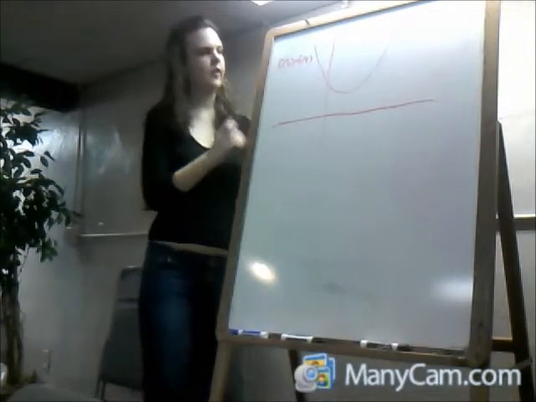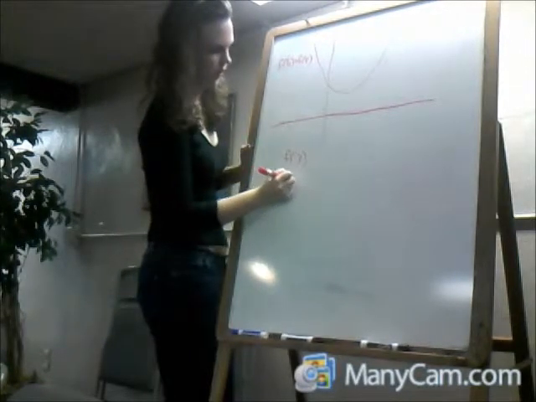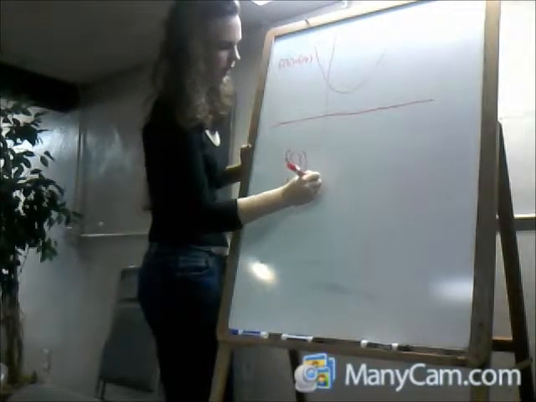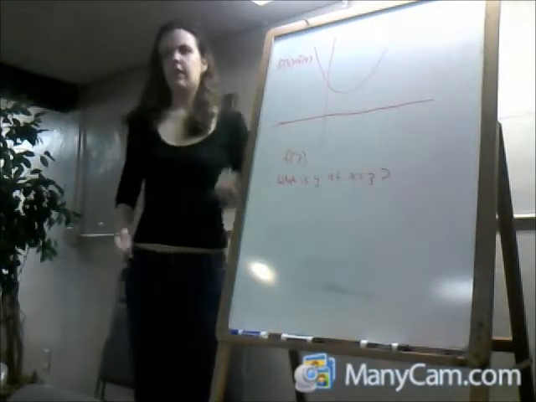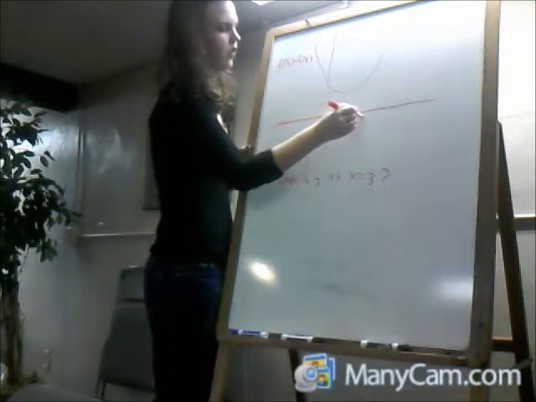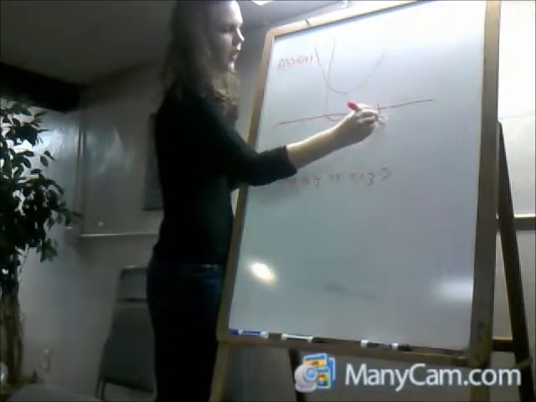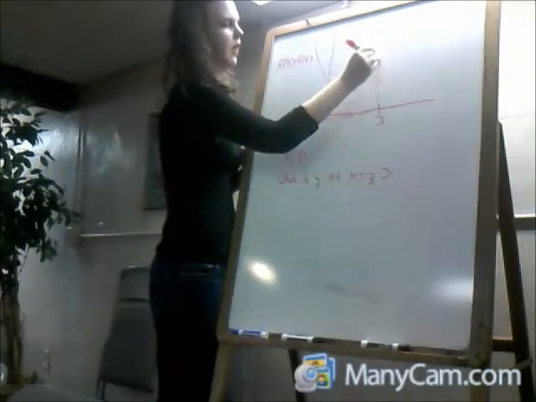Essentially, when we see f of 3, that means what is y at x equals 3? That's essentially what we're doing. So we're just going to count to 3, and we're going to go up. We're going to find that.